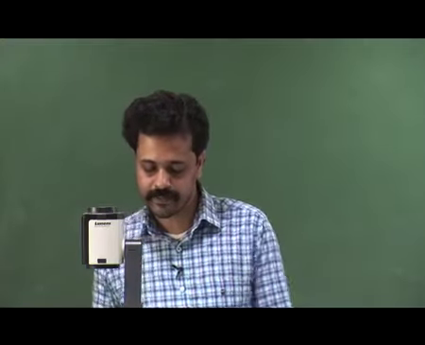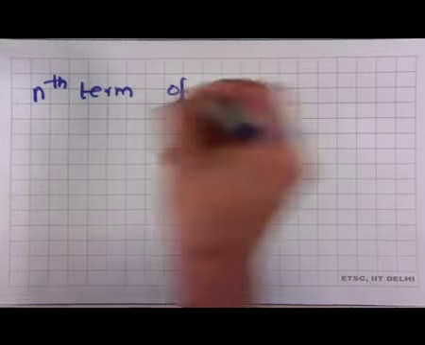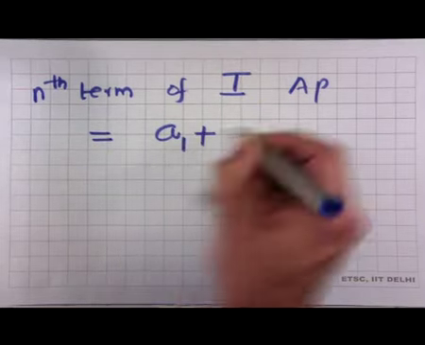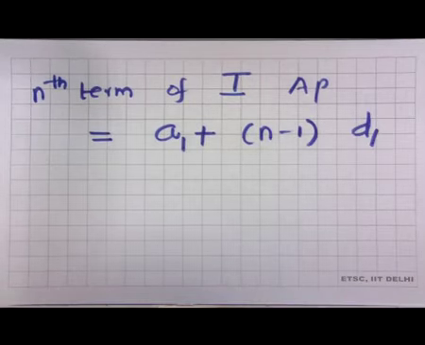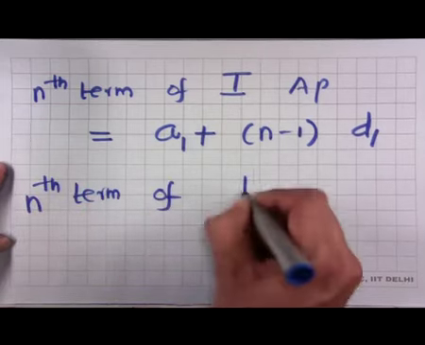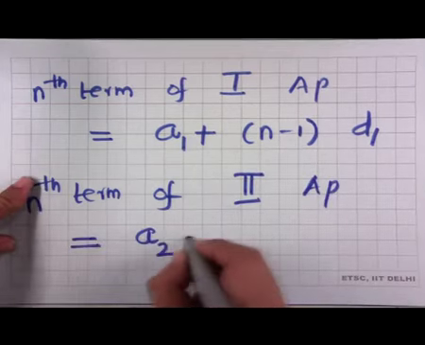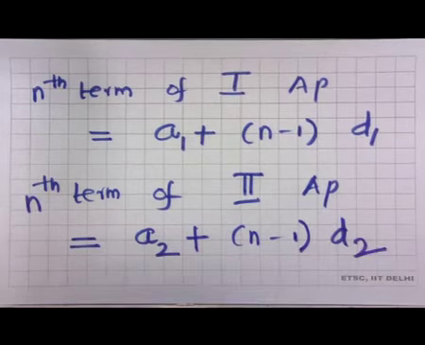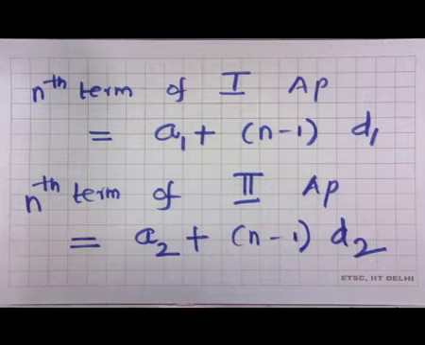Nth term of the first AP is first term plus n minus 1 into common difference. Nth term of the second AP is first term plus n minus 1 times common difference D2. These formulae we developed already.